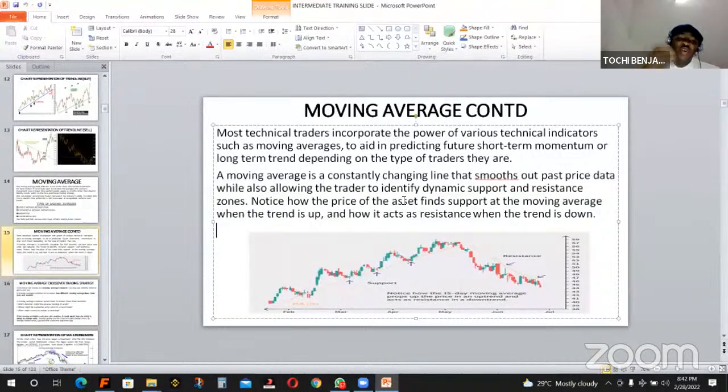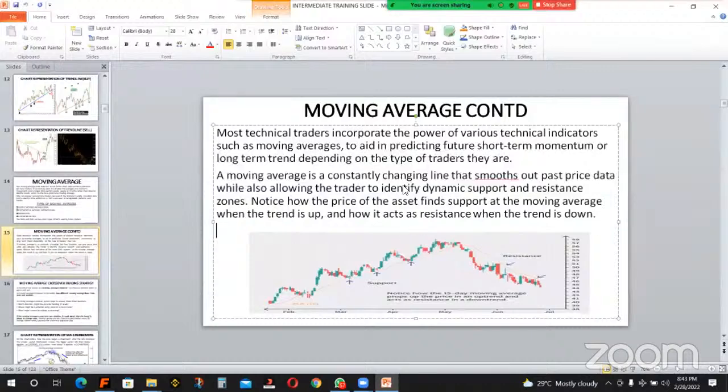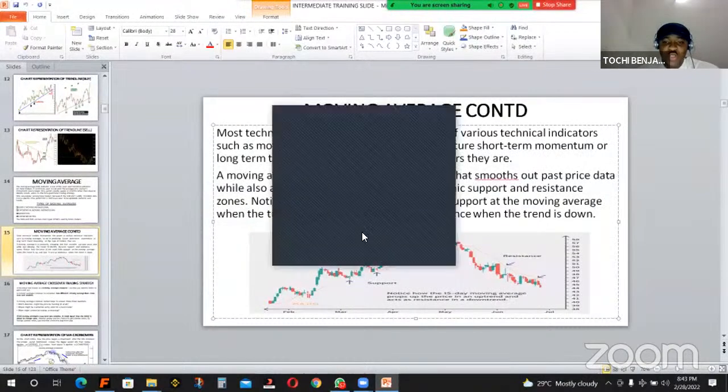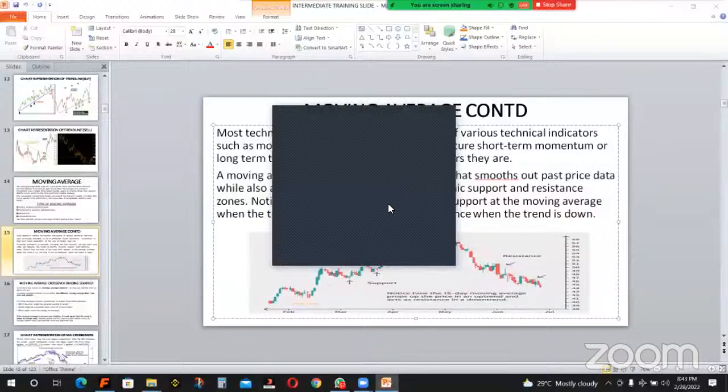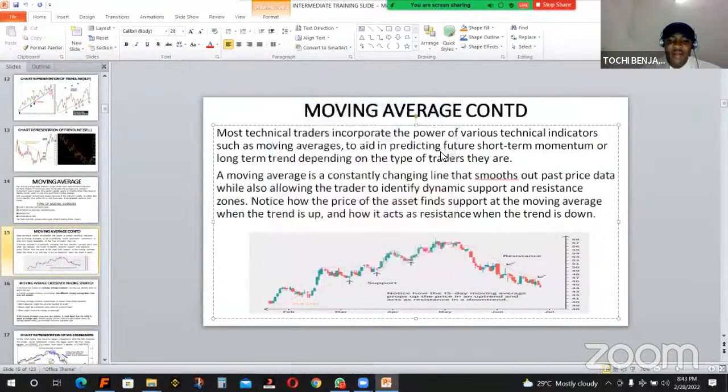If the price is on top of the moving average, look for opportunity to buy. If the price is below the moving average, look for opportunity to sell.